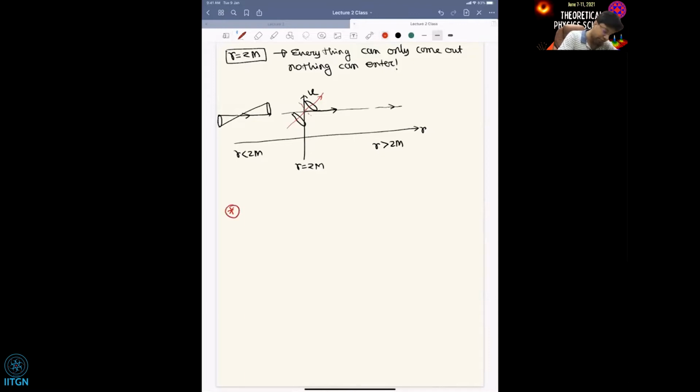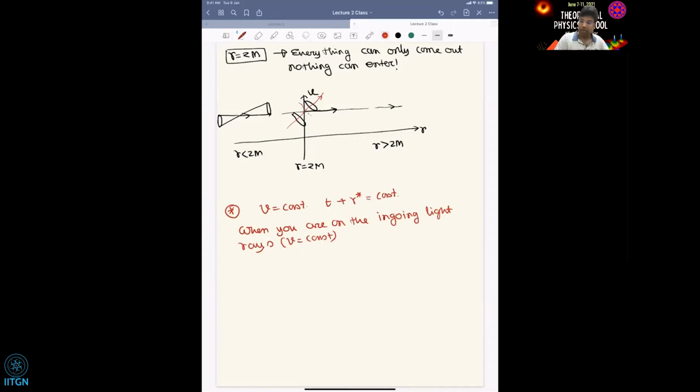Note that when you are using v equal to constant, or t plus r star equal to constant, when you are on the ingoing light rays, that is v equal to constant, r is decreasing. So to keep v constant, t must increase.